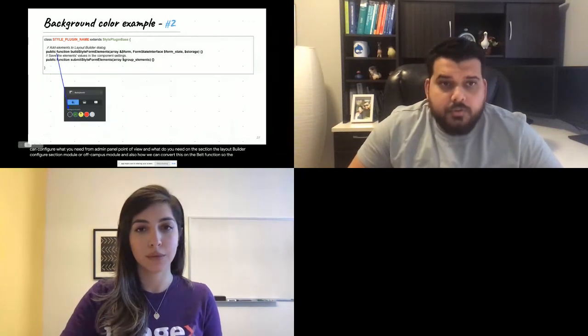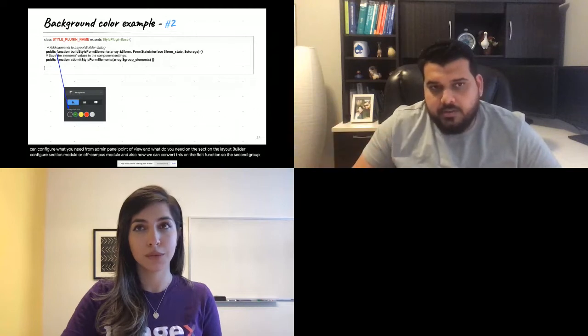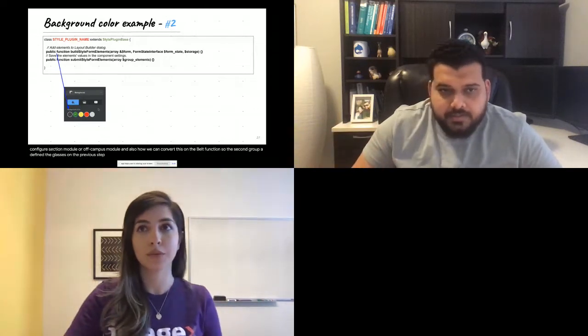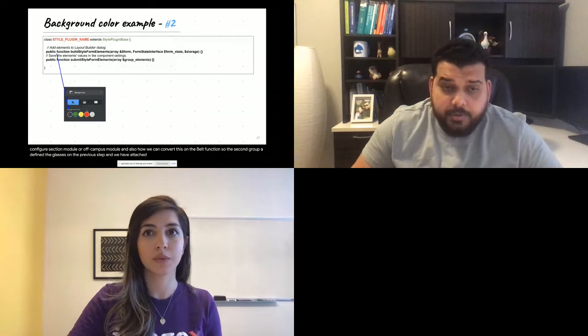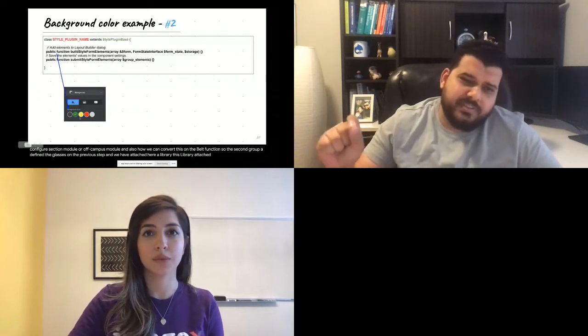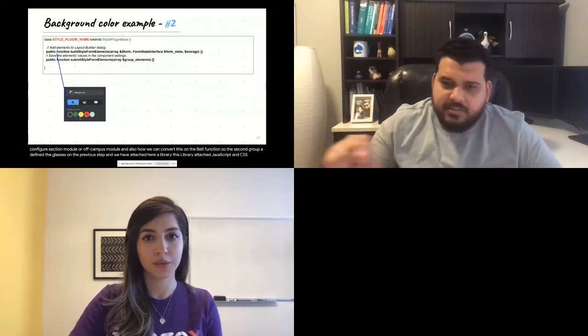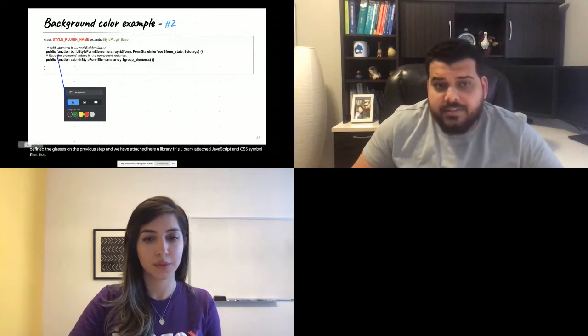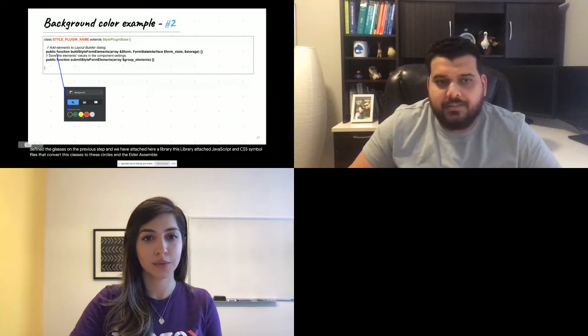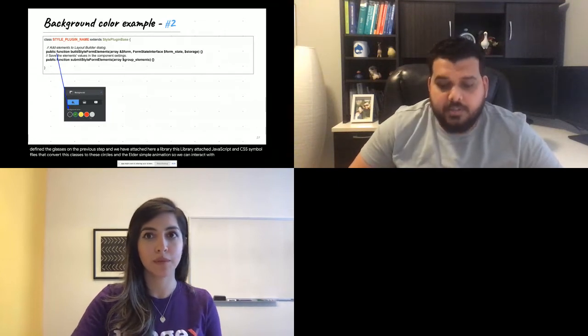For the second group, we retrieved the defined classes from the previous step, and we have attached a library here. This library attaches simple JavaScript and CSS files that convert these classes to these circles and add a simple animation so we can interact with the tool.